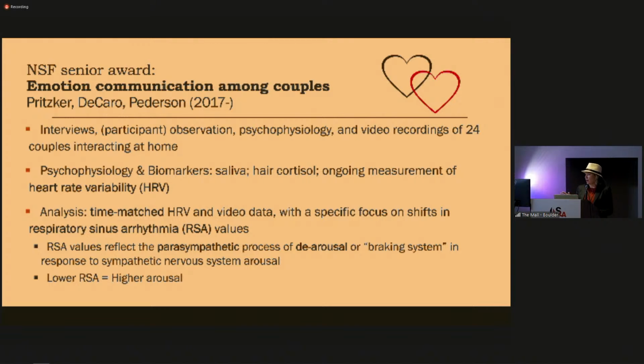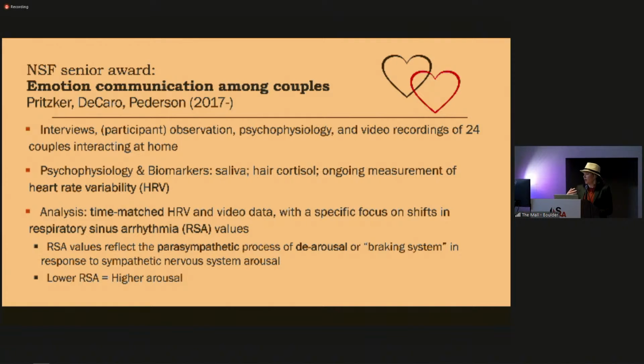We used several biomarkers. Here I want to focus on heart rate variability, which relates to interbeat intervals. Specifically, we focused on the RSA, which is one aspect of HRV. Important to know here is that RSA values reflect the parasympathetic process of de-arousal, or the braking system that humans have in response to sympathetic nervous arousal.